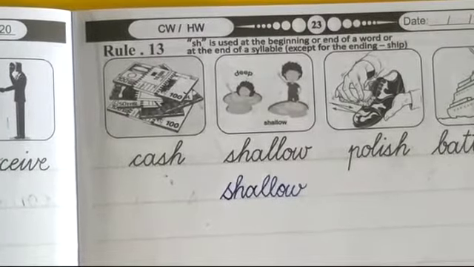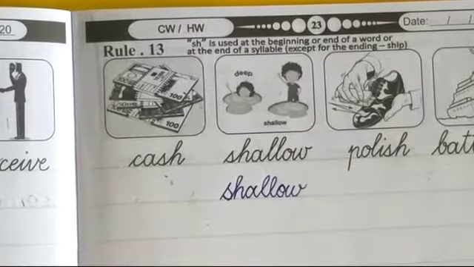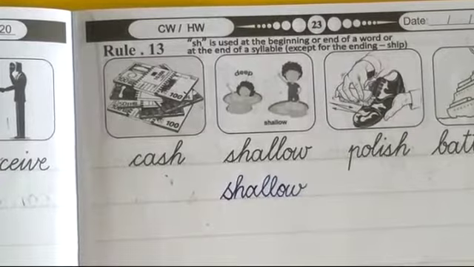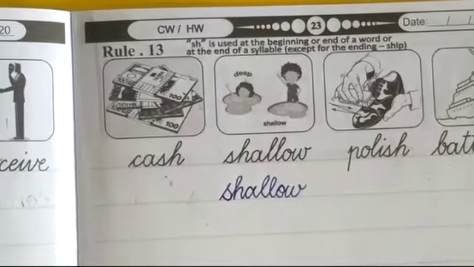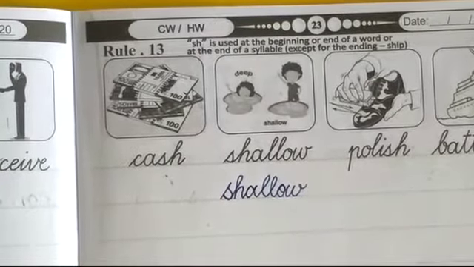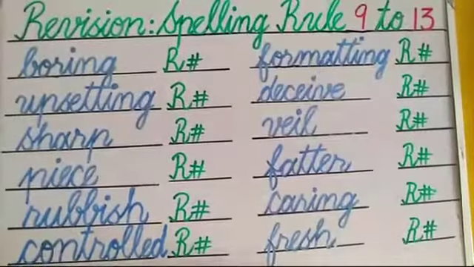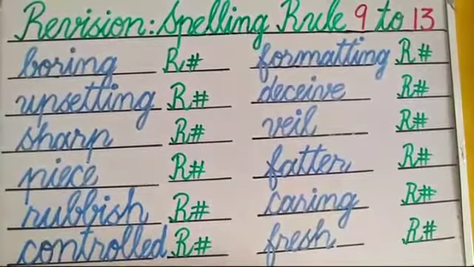You have to revise and learn the rules. Is that clear? This book not only helps you to improve your writing but also helps you to improve your learning skill. So you have to revise before starting your test.